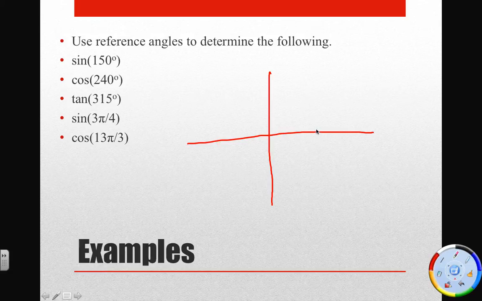One full time around my circle would be 6 pi over 3. And then you go around again, that would be 12 pi over 3. So here is 6 pi over 3. Here is 9 pi over 3. Here's 12 pi over 3. Oh, here's 13 pi thirds.